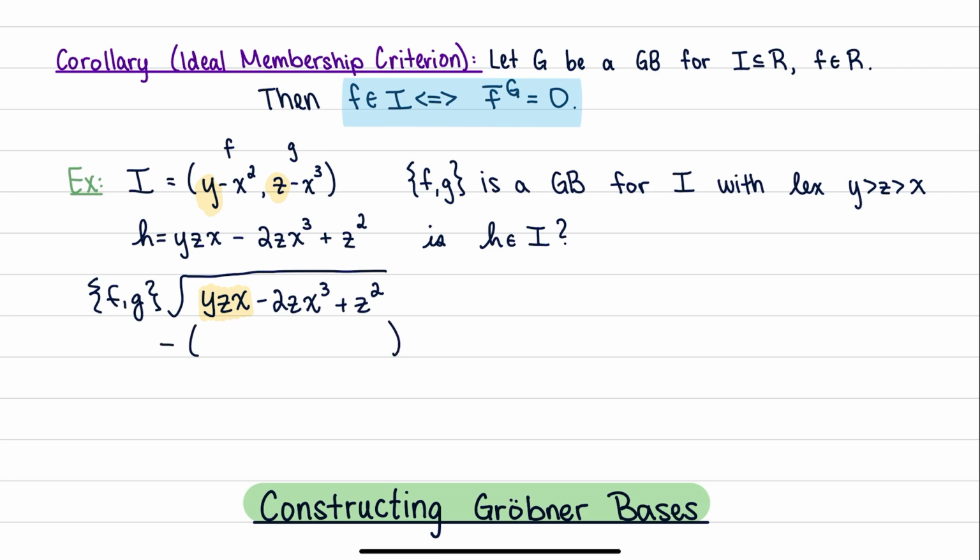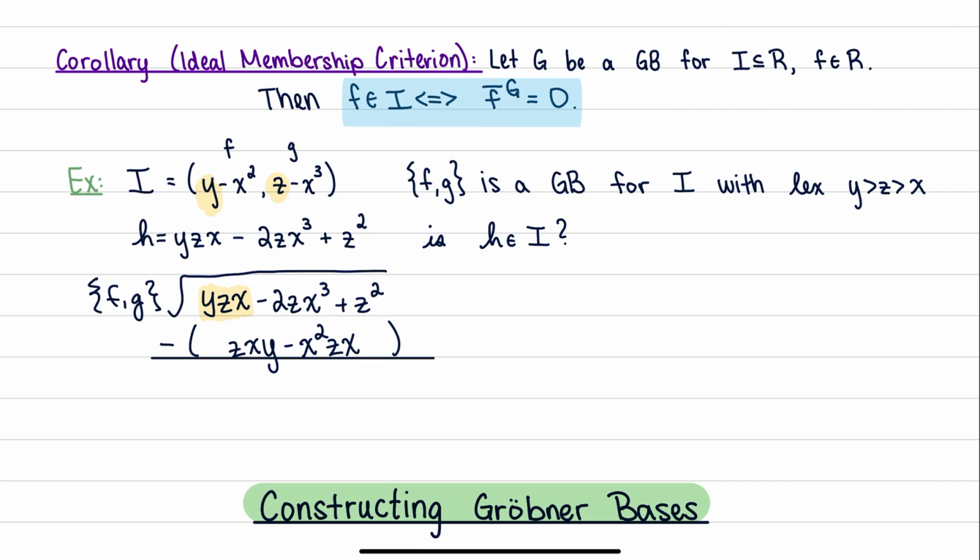So what I'm going to do is write f here. And what did I say I need to multiply by? zx. So I'm just going to multiply the whole thing by zx and subtract to cancel off that leading term of h.